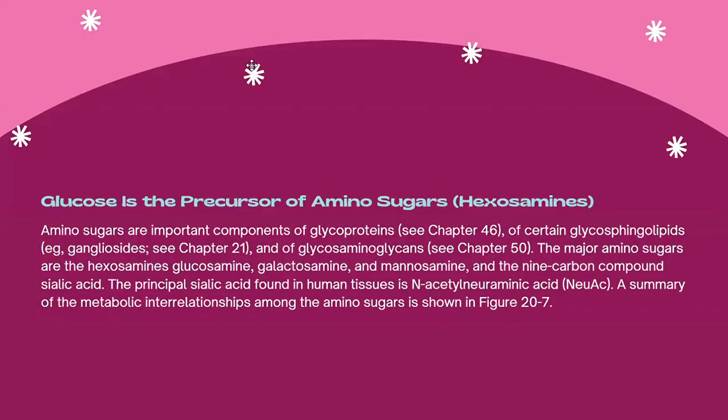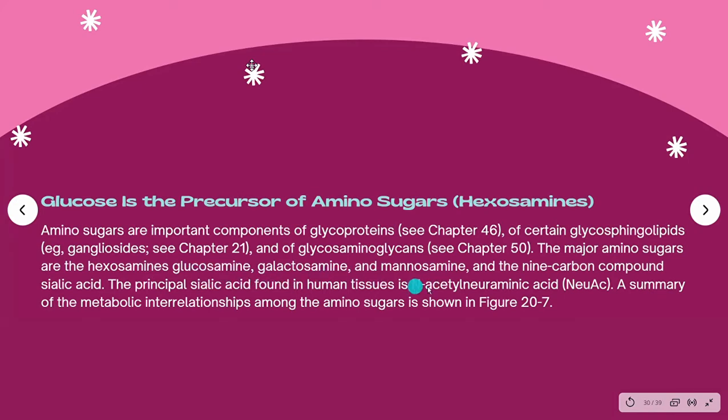Glucose is the precursor of amino sugars. Okay. These are sugars in which an amino group is added to it. So amino sugars are components of glycoproteins, glycosphingolipids, like gangliosides, and glycosaminoglycans. The major amino sugars are hexosamines: glucosamine, galactosamine, mannosamine.